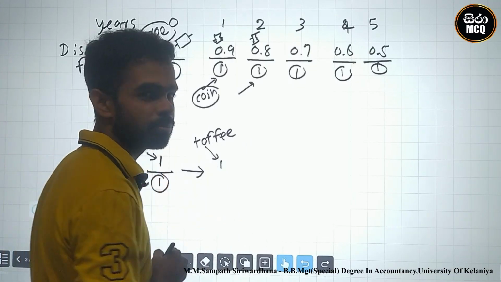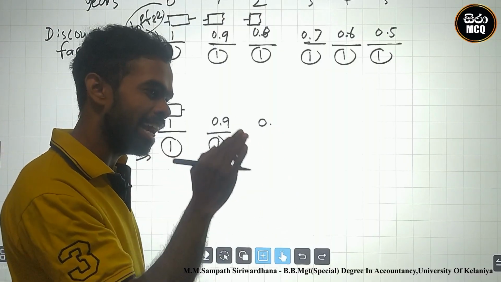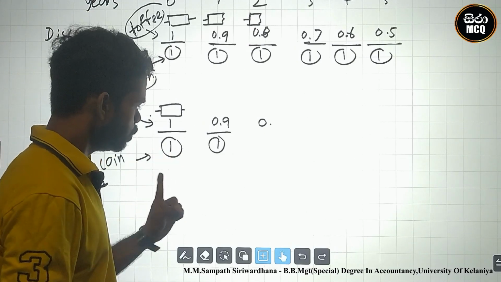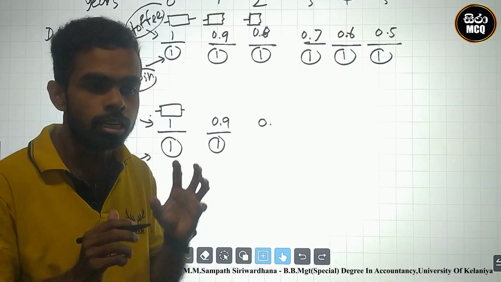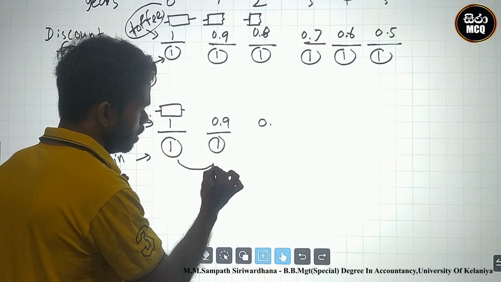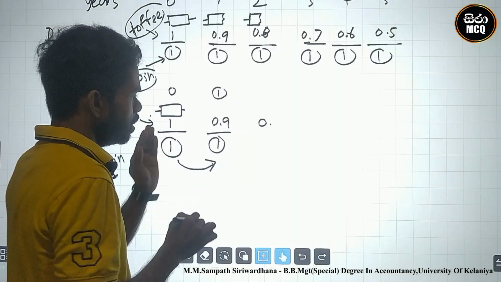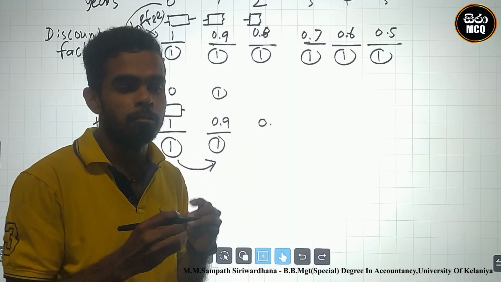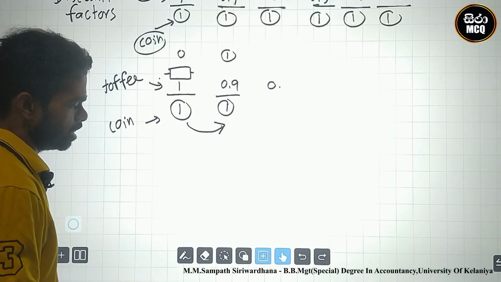Here there is a 1 coin you give to the seller and you get 1 toffee. After that, you go after 1 year, this is year 1, this is year 0. After 1 year, you go to purchase 1 toffee. At that time, what is the actual situation?